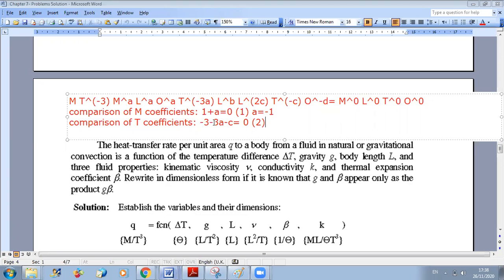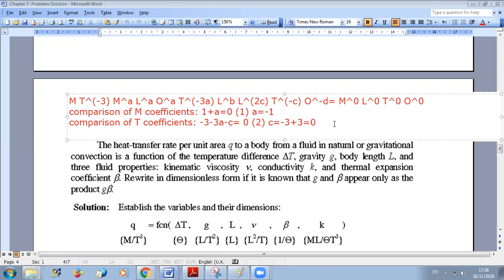As you can see, A is already calculated. So if I take C to the other side, C is equal to minus 3 minus 3A, and A is equal to minus 1, so plus 3. So it's 0. So you can say that C is 0.